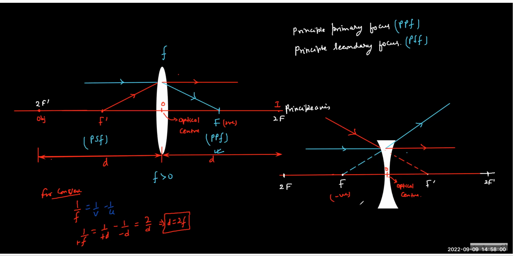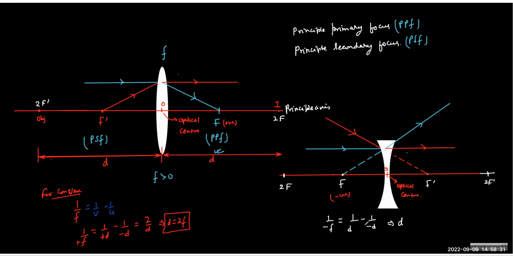If you try to do the same thing for concave, you will write 1 by minus F, 1 by V. V is where? On the right side. The object is on the left. So V is plus D and U is minus D. Where are we getting the answer?